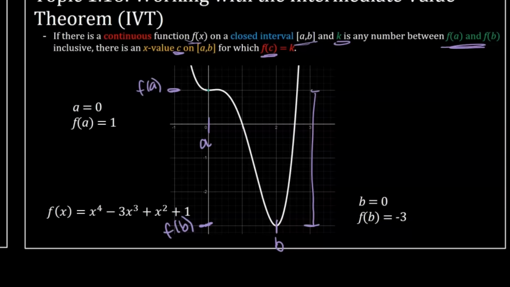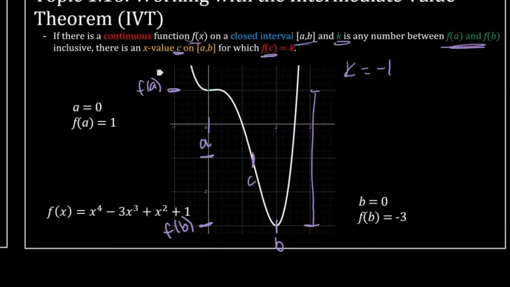There has to be some value where k is represented, because if we're going from here to here, then every single point within here to here has to exist. So let's say I wanted k to be equal to negative 1. Then at this point, whatever this x value is, this is equal to c, because k is equal to negative 1 here.